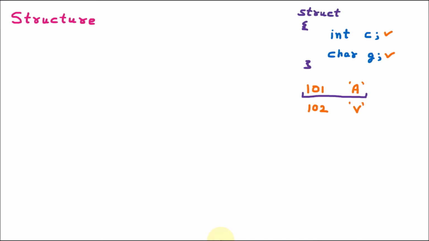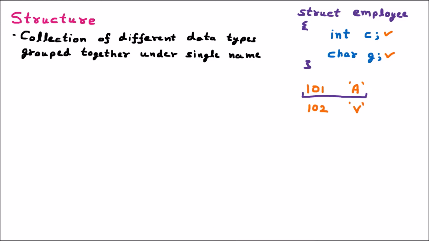Now let us suppose that the name of structure I am providing here is employee. So this is how we can create the structure. So here we can understand one thing, a structure can contain different data types, or we can say that structure is the collection of different data types which are grouped together with a single name. So here we have the definition that different data types.